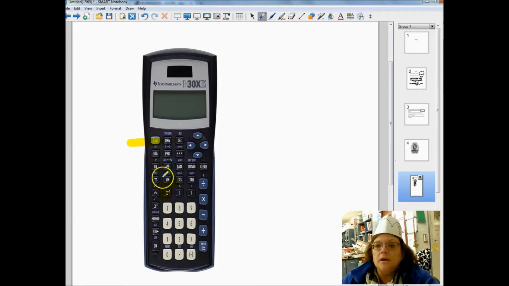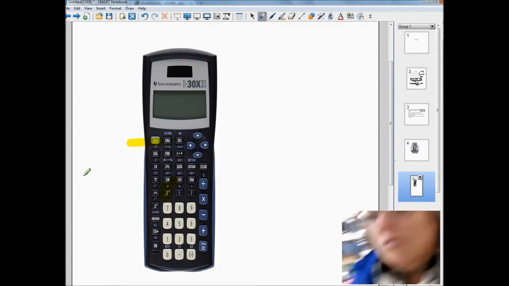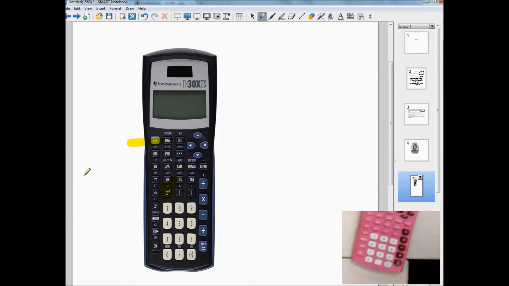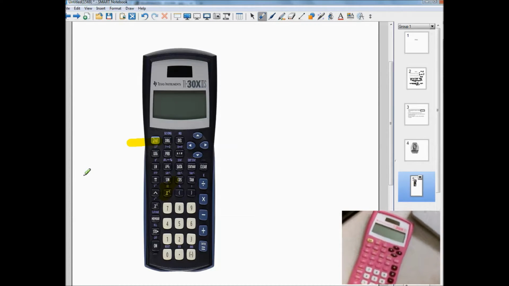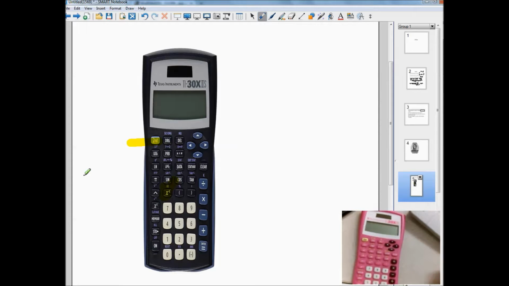If you hit the second button, it will do the little part printed on top. Okay? Now, even though this is going to make you dizzy, I'm going to show you how to do this with my camera. Okay, I don't know if that's going to focus or not.